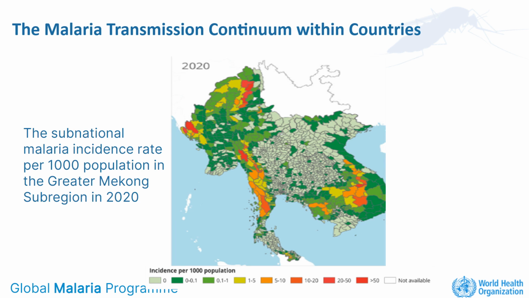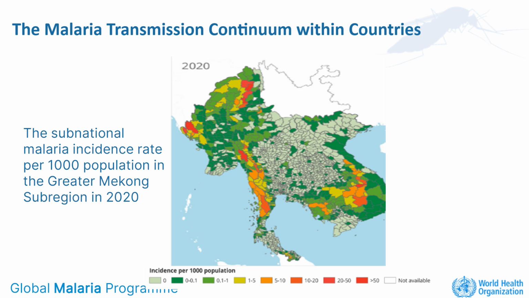This example is from the countries in the Greater Mekong subregion, including Cambodia, China Yunnan Province, Lao People's Democratic Republic, Myanmar, Thailand, and Vietnam. You can see that there is a range of transmission in countries such as Myanmar that range from no transmission to annual incidence rates greater than 50 cases per 1,000 population.